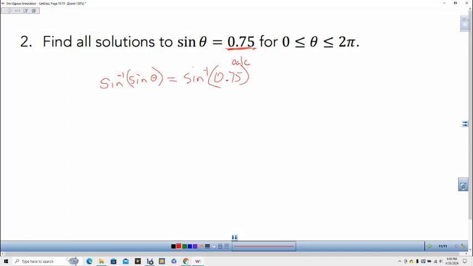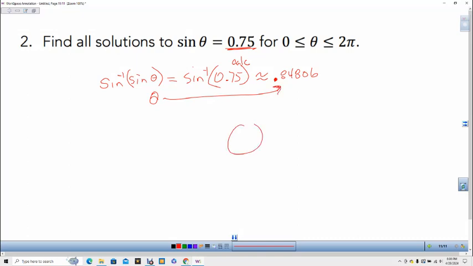All right, so when I use my calculator to find the inverse sine of 0.75, I'm going to get approximately 0.84806. All right, now remember what we've just gotten. Inverse sine of sine theta is going to give us theta. We take the inverse sine of this, so that is my angle.